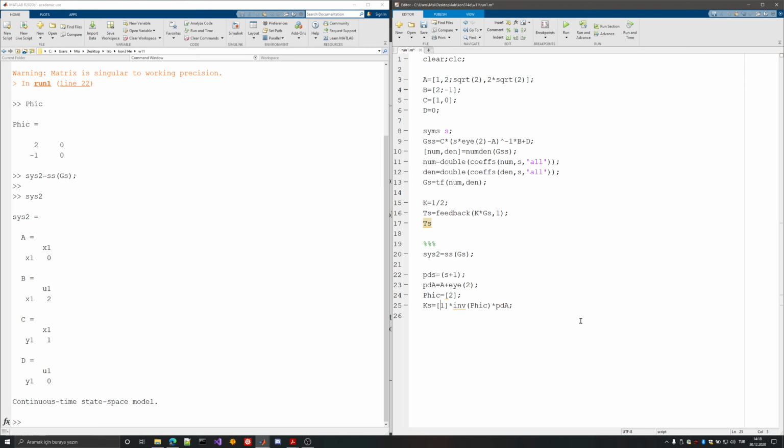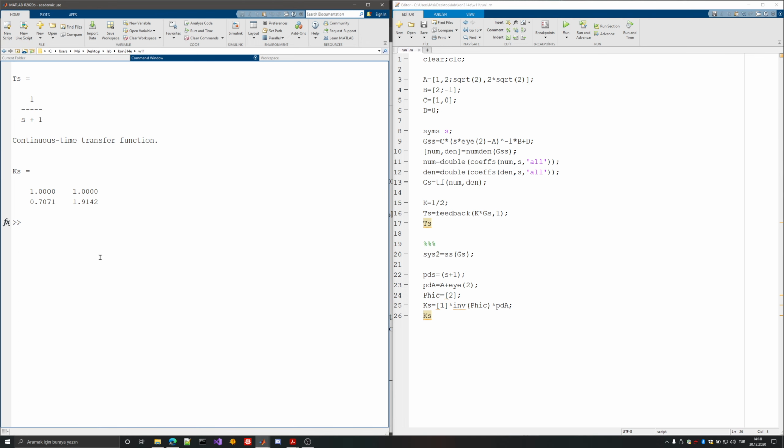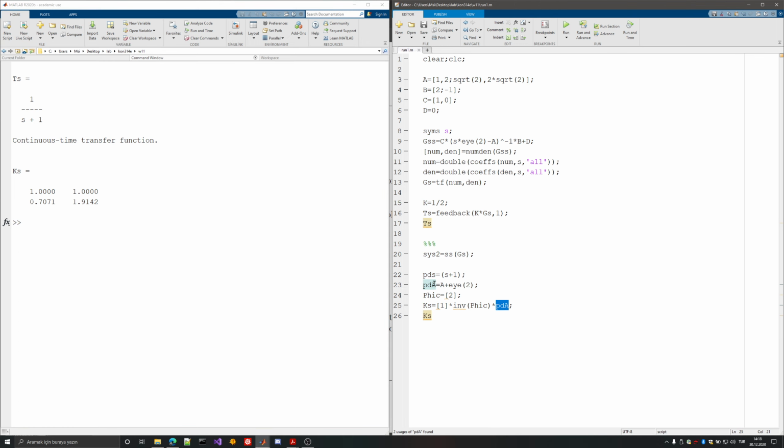Now this will narrow down to 1. I will get rid of the zeros, and this should give me Ks, where Ks is the state feedback matrix here. I might have a slight problem here. Why do I have this? Oh, I'm using A where A is not that. This should be A because A is 0.